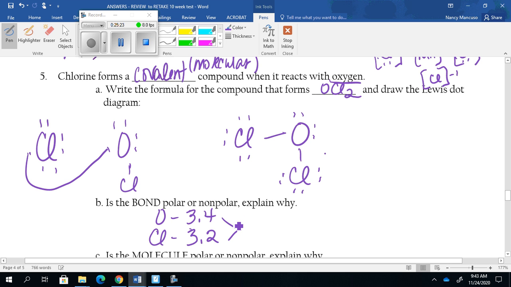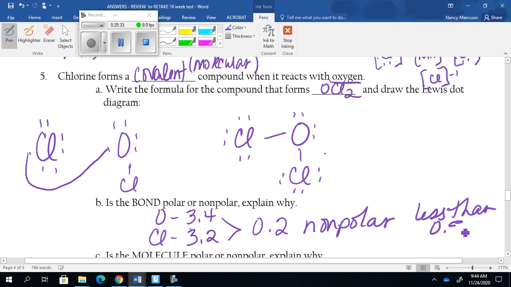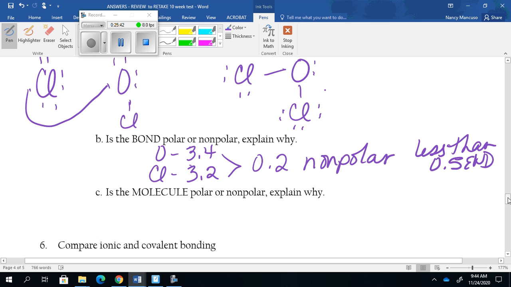So the difference between them is 0.2. So that is non-polar because it is less than 0.5 electronegativity difference. To be polar, to be a significant pull, the difference has to be larger than that.